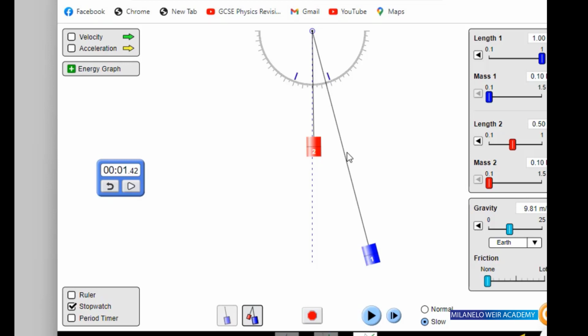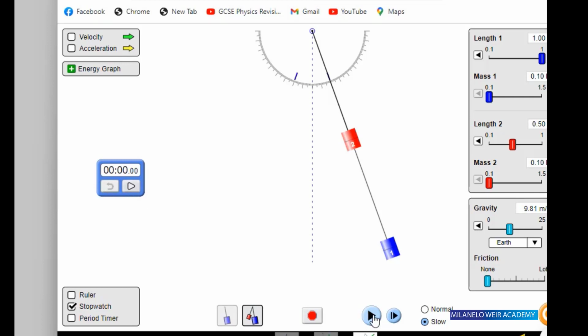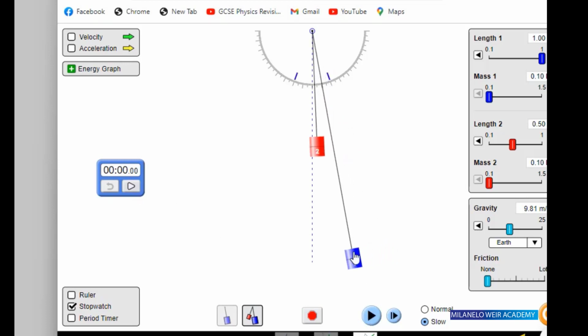We know that this one is 1.42 seconds, right? Let's see the time this one takes. So we are going to stop our stopwatch when the blue one arrives at its starting point, right? Oh, I forgot to start the stopwatch. I'm sorry.